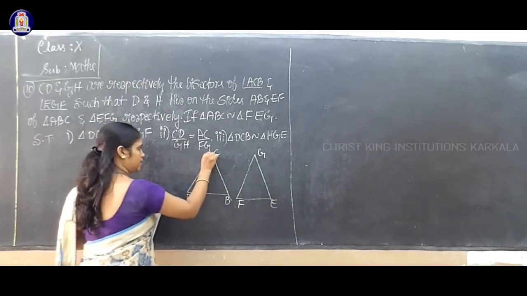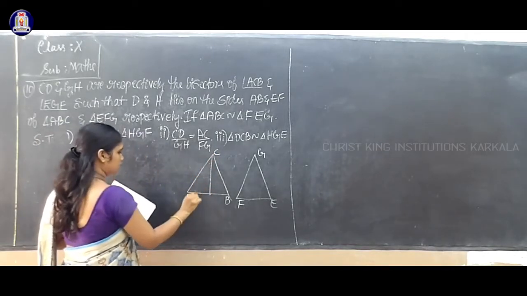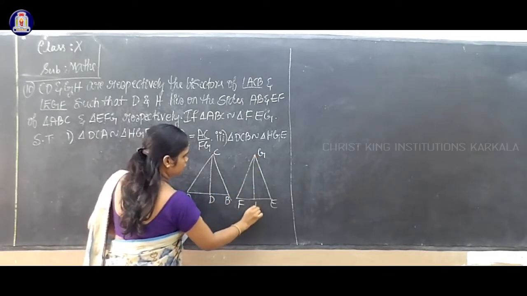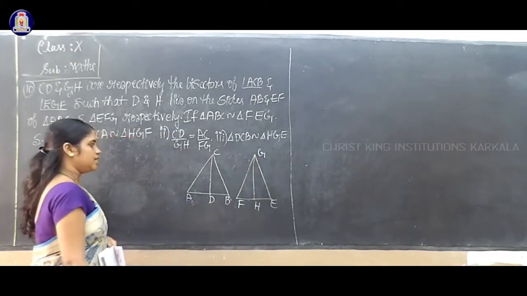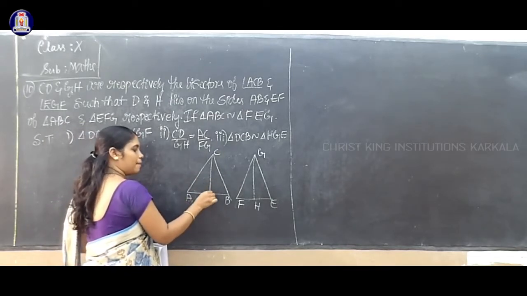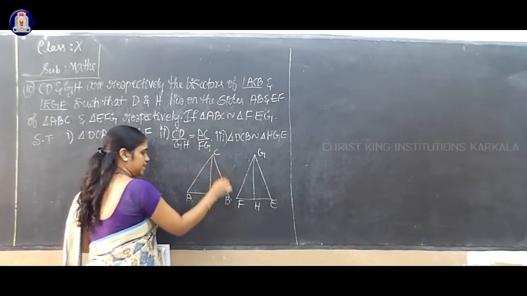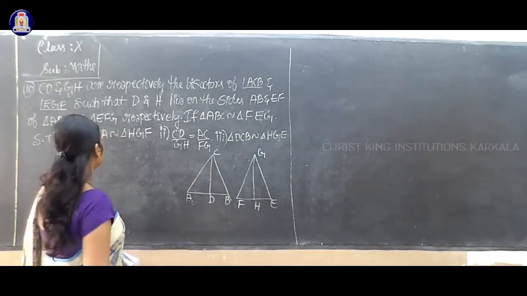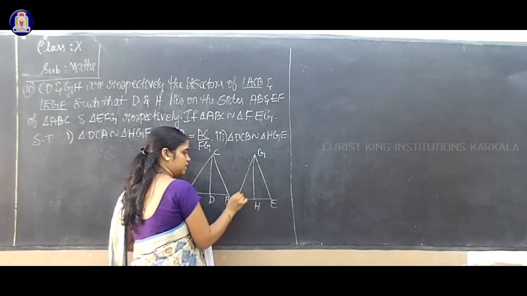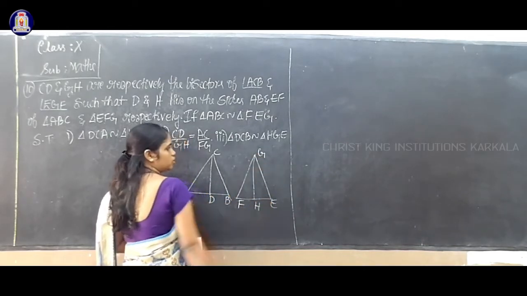First I will draw this CD and another one, this is GH. See here, CD is the angle bisector of angle ACB, and GH is the bisector of angle FGE.